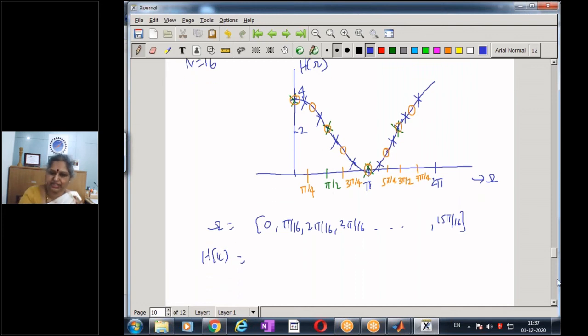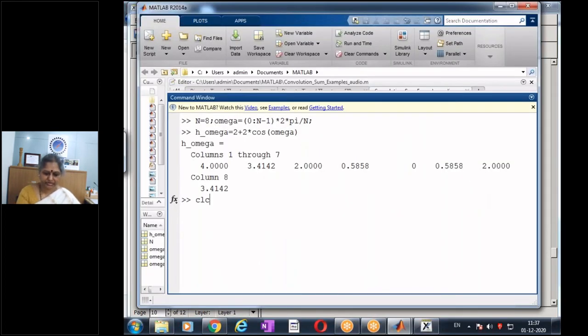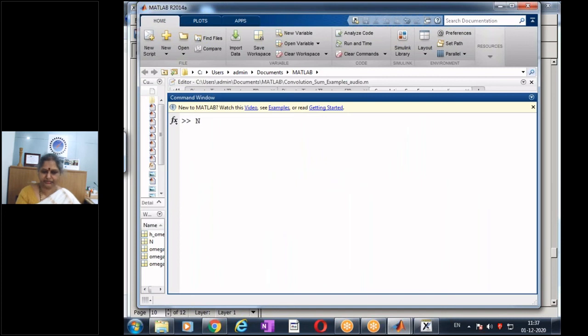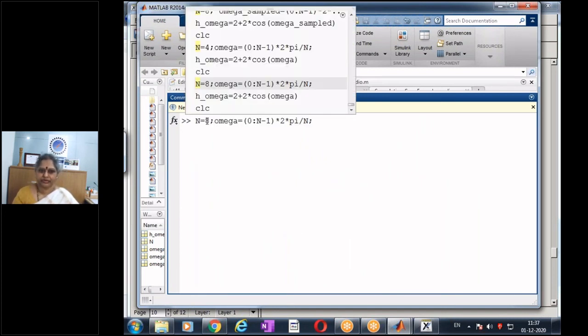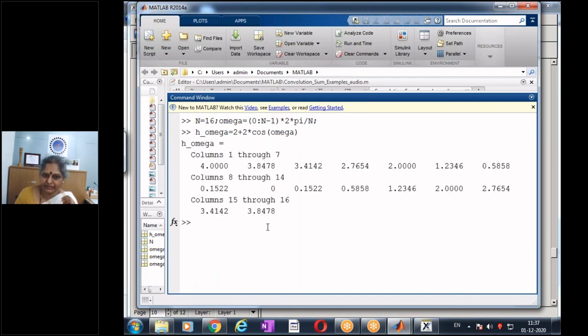So let's take the help of MATLAB in computing the result for n equal to 16. Now I changed my n to 16, and then I once again compute my H of omega, which is the same example, 2 plus 2 cos omega, and this is what I get.